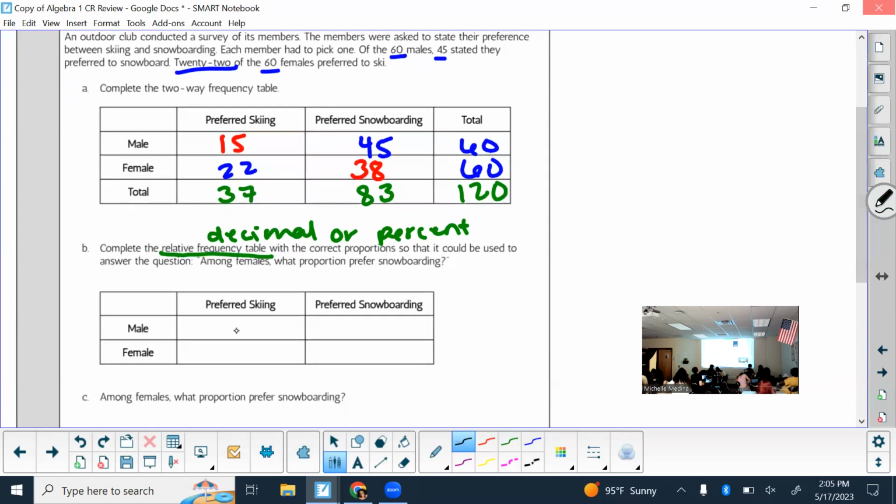So to make my table, I'm dividing everything by the grand total. Usually we don't put that in the table, the fraction, but I think that might be good for your notes or your note card. But yeah, you're dividing by your grand total in all of these. So what am I dividing here? So then you put that in your calculator, what do you get? All right, and you could leave it like that, it'll be up to you tomorrow, if you want to do a decimal or percent.